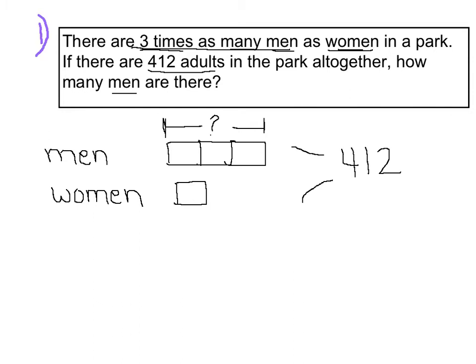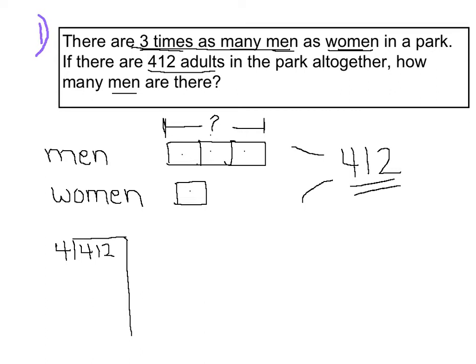Now, when I look at my drawing, I see that I have 1, 2, 3, 4 equal parts. So I want to split this 412 into 4 equal parts, and that means division. So using our partial quotient strategy, I've got 412 that I'm going to split into 4 equal groups. I start with my largest place value.